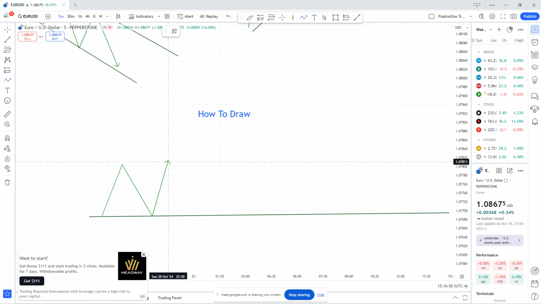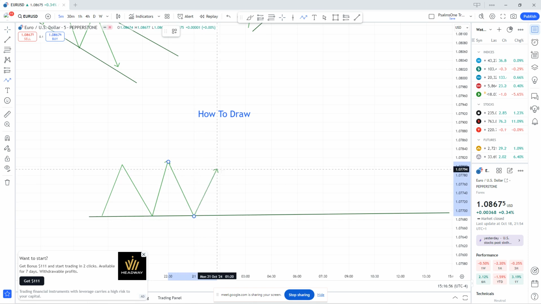So what you expect is that whenever price now comes back down here, you should buy from there, and then it can go up here.